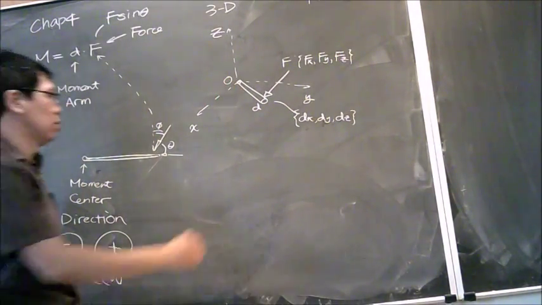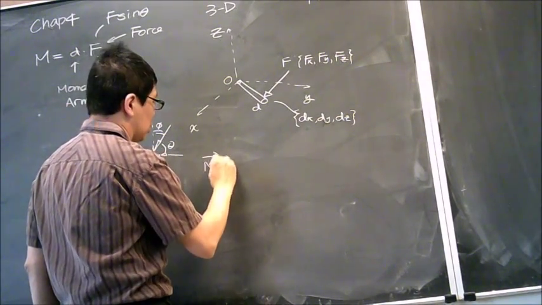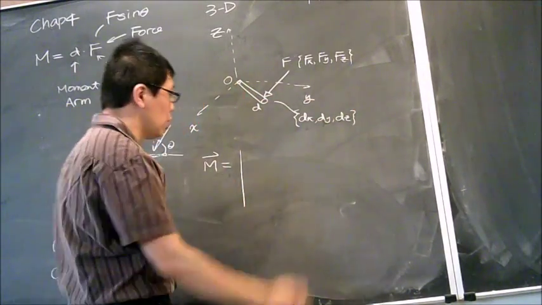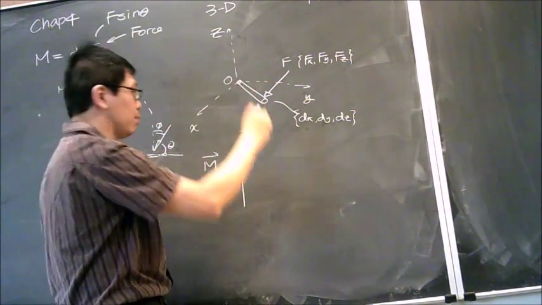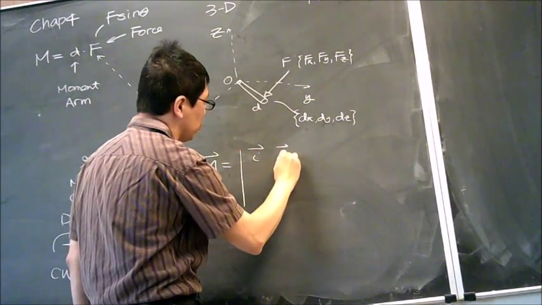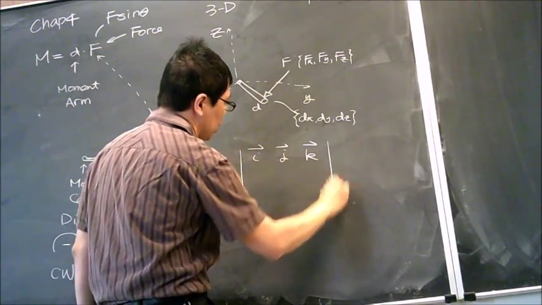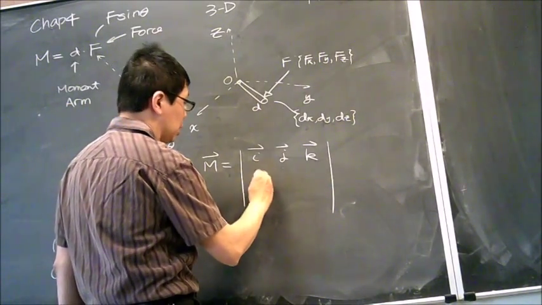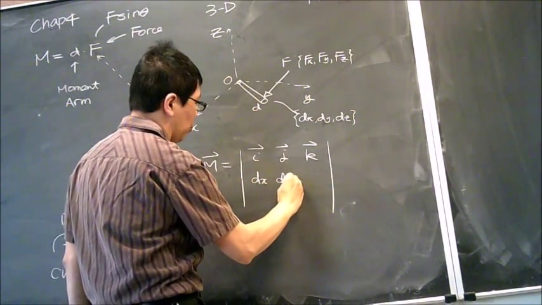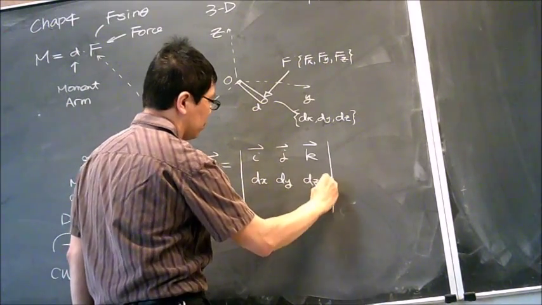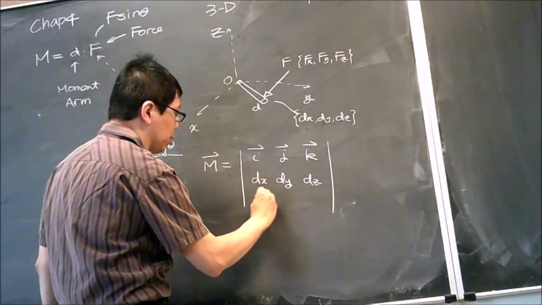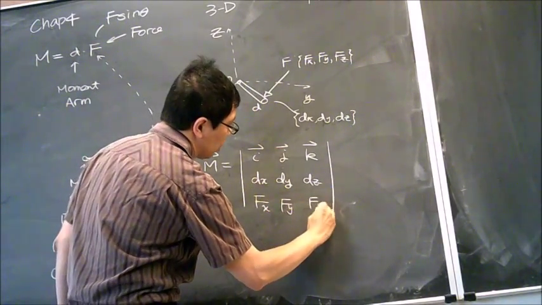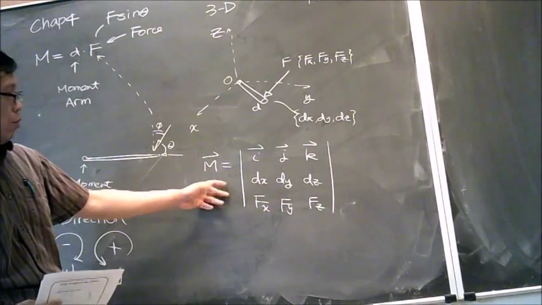In this case, the moment becomes the cross product of those two vectors. When we are talking about the cross product, the first row is going to be i, j, and k. The second row is going to be dx, dy, dz. The third row is going to be fx, fy, fz.